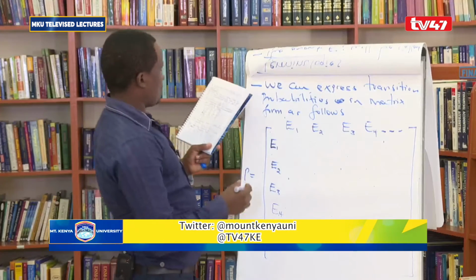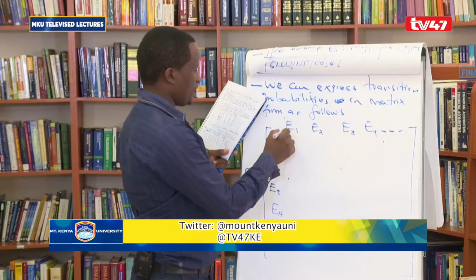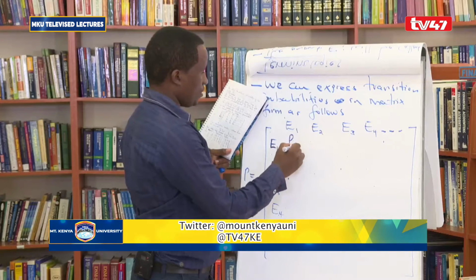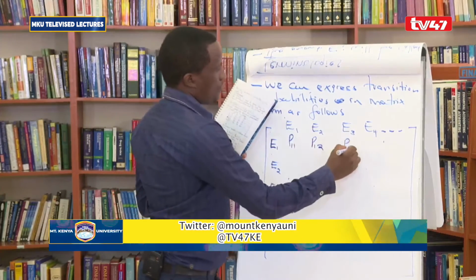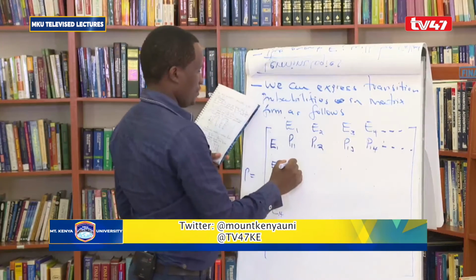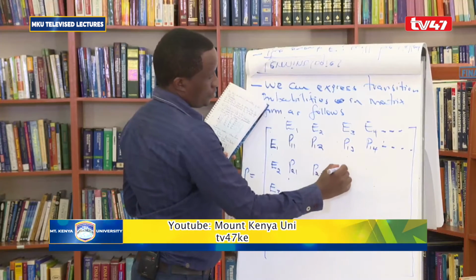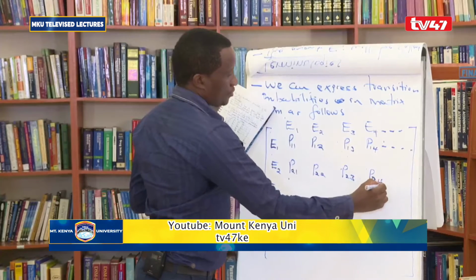Now, the matrix P consists of probabilities P11, P12, P13, P14, and so on. Then we have here P21, P22, P23, P24, and so on.